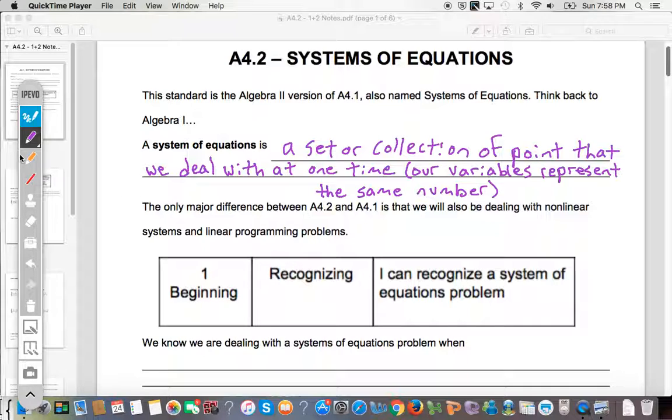Okay, so we know we are dealing with a systems of equations problem when we are given two or more equations that use the same variables.